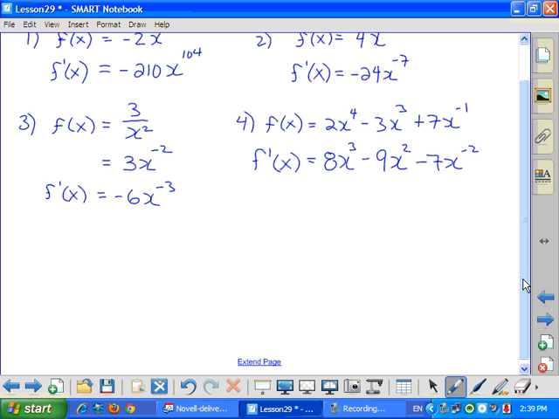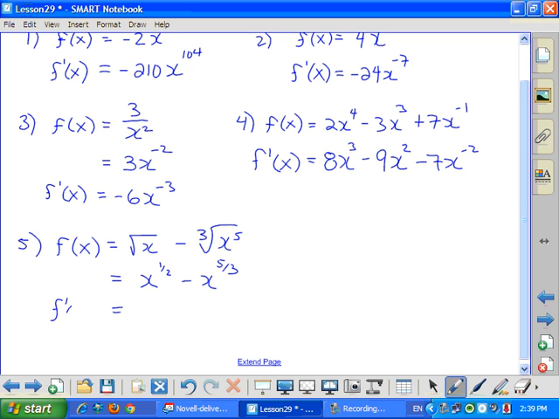And the last example, what happens if we have radicals? So f of x equals the square root of x minus the cube root of x to the 5th. Your first step is to rewrite this without the radical sign. So we have x to the 1/2 minus x to the exponent 5/3.